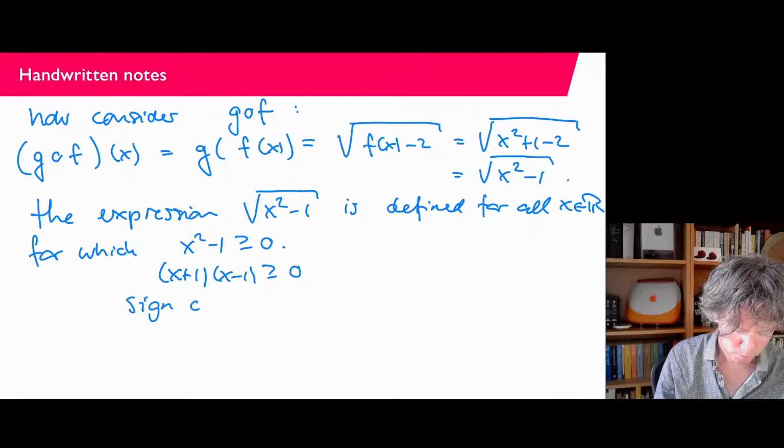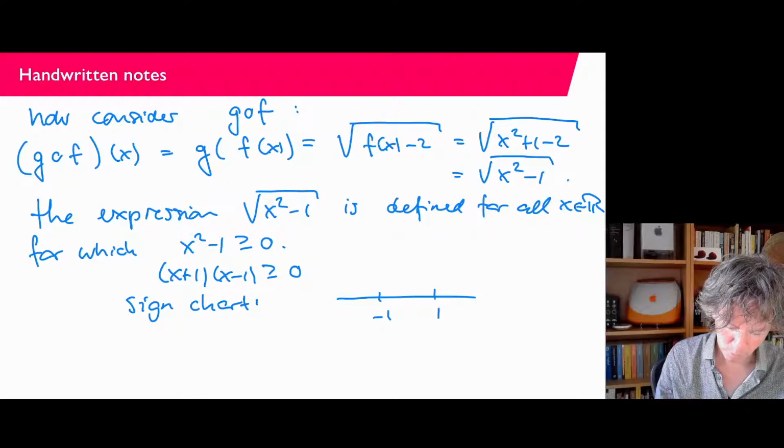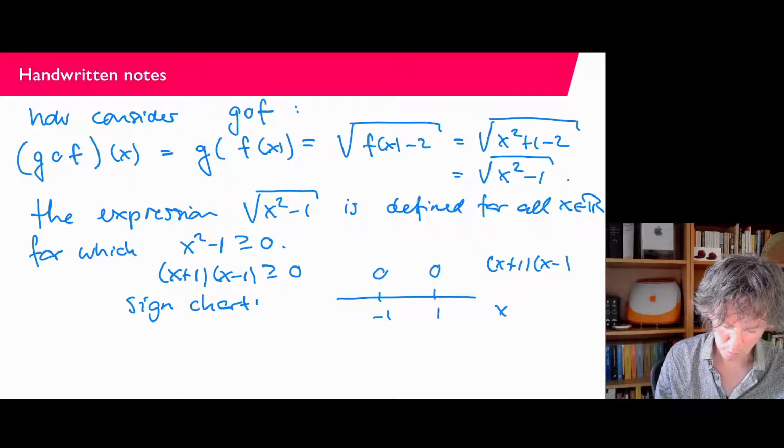Sign chart. So the special values are minus 1 and plus 1, and that is x, and up here I put x plus 1, x minus 1: 0, 0, plus, minus, plus.